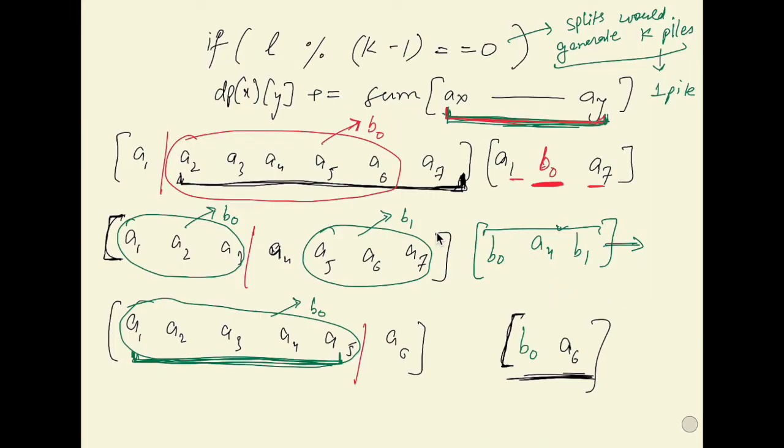So basically dp of x,y stores the cost to split the given subarray into the minimum number of piles possible, and if L modulo k minus 1 equals 0, then after the splits we will have k piles, and to merge all those k piles we have to add this extra term of sum of ax to ay.